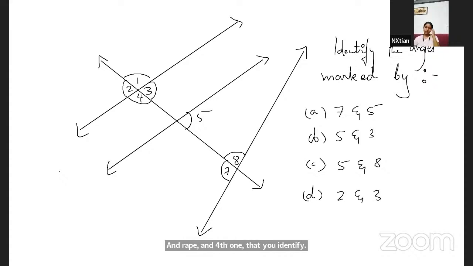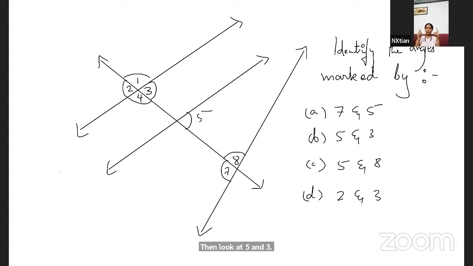Until now we have studied a lot of types of angles like alternate, corresponding, supplementary, and many more. So look at angles 7 and 5 and identify which type of angle they are forming. Then look at 5 and 3. 5 is here, 3 is there.